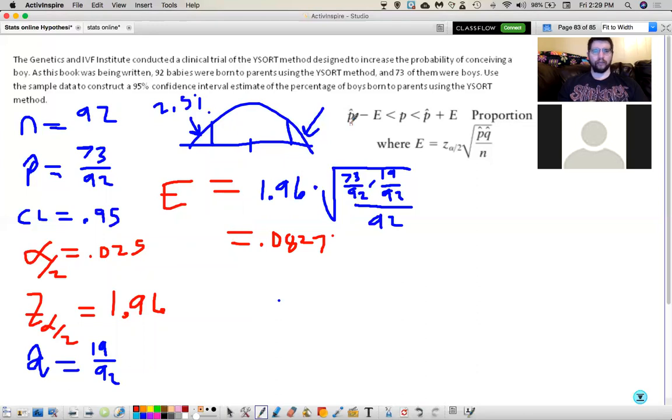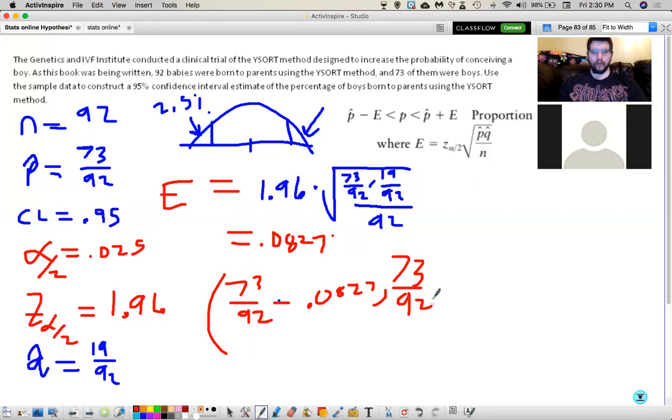So now I do p hat minus E and p hat plus E. So I'm going to do 73 over 92 minus this number, and 73 over 92 plus this number.